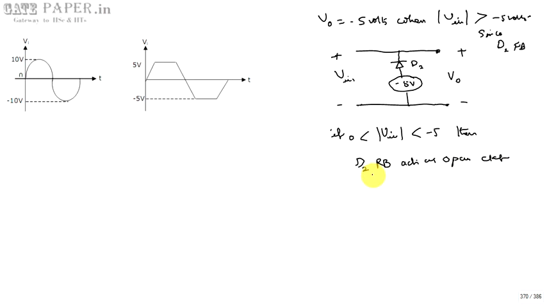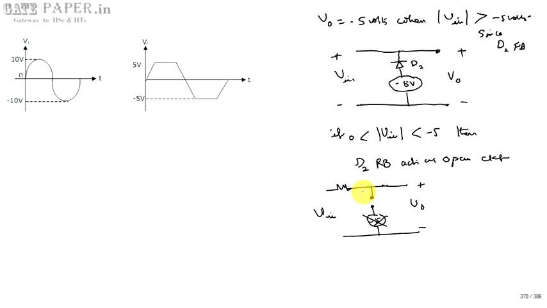When it acts as an open circuit, this is the equivalent circuit. Even though you are applying minus 5 volts as a reference voltage, V0 is no more in connection with minus 5 volts, since there is an open circuit present. So this will not have any effect on the output. Directly V input is going to be equal to V output even though there is a resistor present.